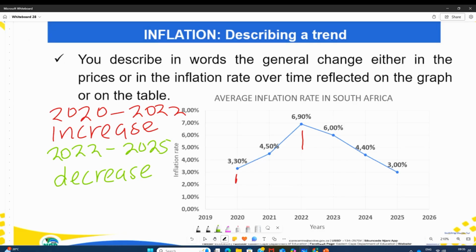So be careful of that one. Let me just summarize on that one. When we describe the trend, you need to explain what is happening and also give the time frame. When is that happening? And again, when you explain in terms of inflation rate and the graph is talking of the inflation rate, you simply explain what you see in the graph, what is happening in the graph.